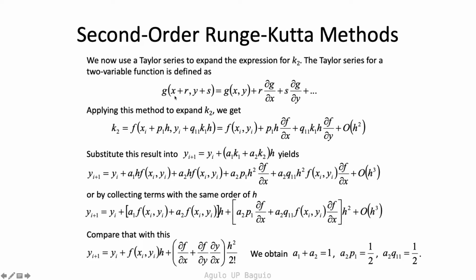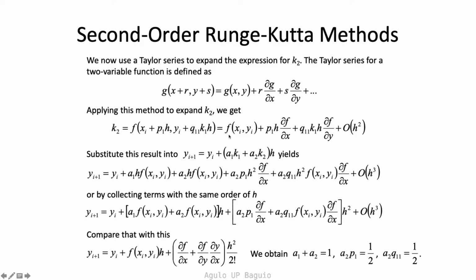So we're going to take a look at the Taylor series of these two-variable functions. g of x plus r, y plus s is equal to g of x, y plus r times the partial of g with respect to x, plus s times the partial of g with respect to y, and so on and so forth. We use the same technique on k2, or specifically on f.